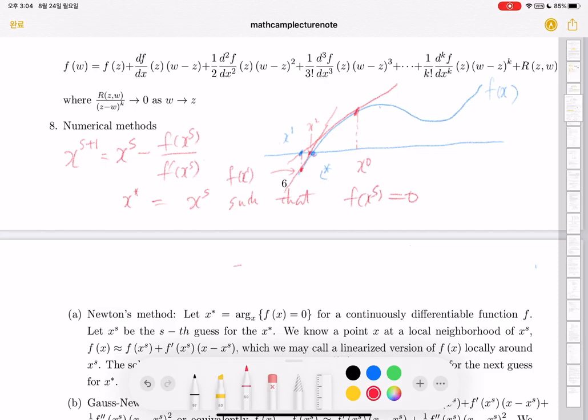So what we do is stop the algorithm when f of x s is very small.